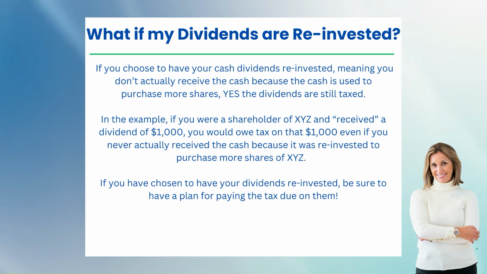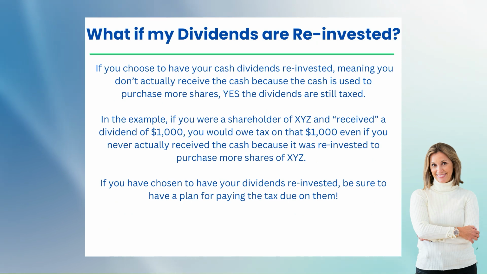So if you have made the choice to reinvest dividends received, you want to make sure you have a plan to pay the tax due on them. You are generally able to know if a stock is one that typically pays an annual dividend or not. It's pretty easy to search dividend paying stocks and stocks that don't usually pay dividends.